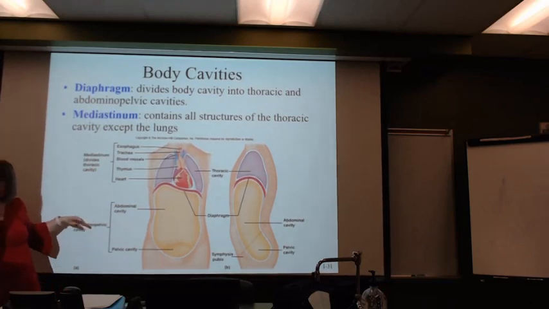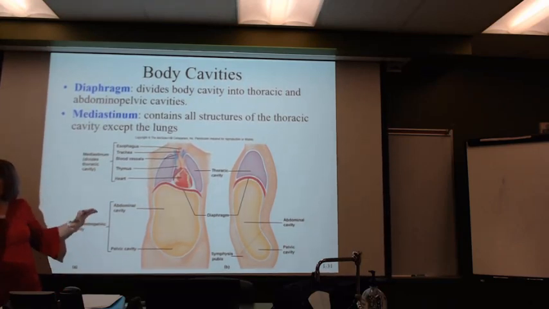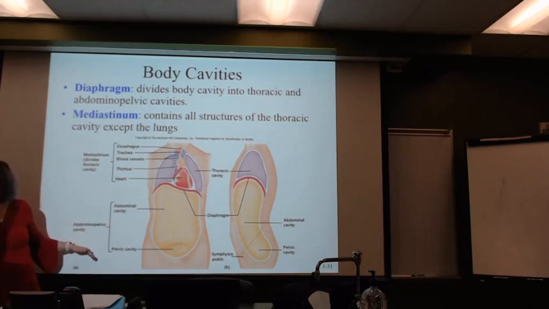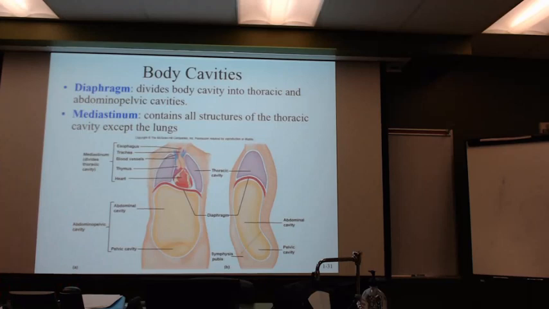And in some cases, you might see abdominal and then pelvic. Okay? Abdominopelvic just is simply listing the entire cavity that exists. And the reason for it being a cavity is because of the tissues enclosing it. Okay? The enclosure of that particular cavity.